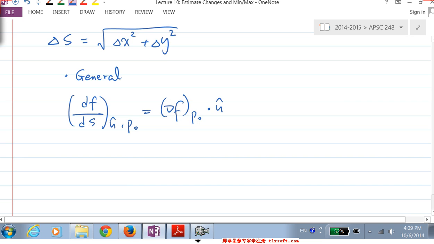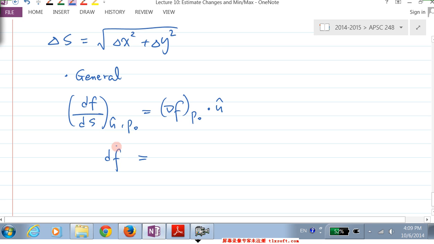So how much change in f when you are walking in the u hat direction by a distance or displacement of ds?